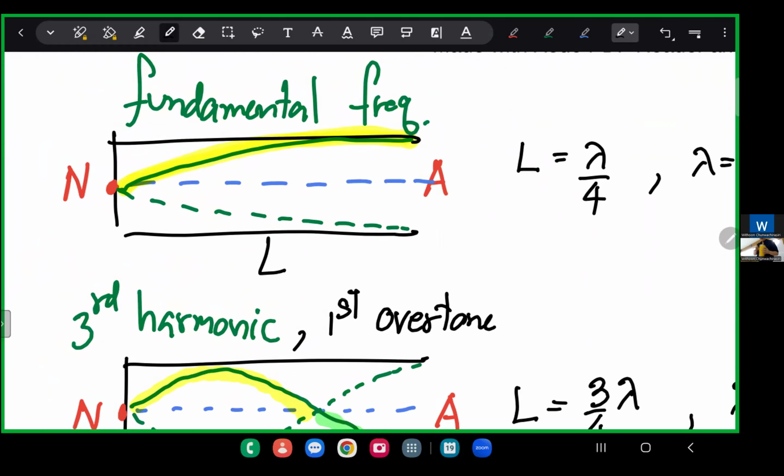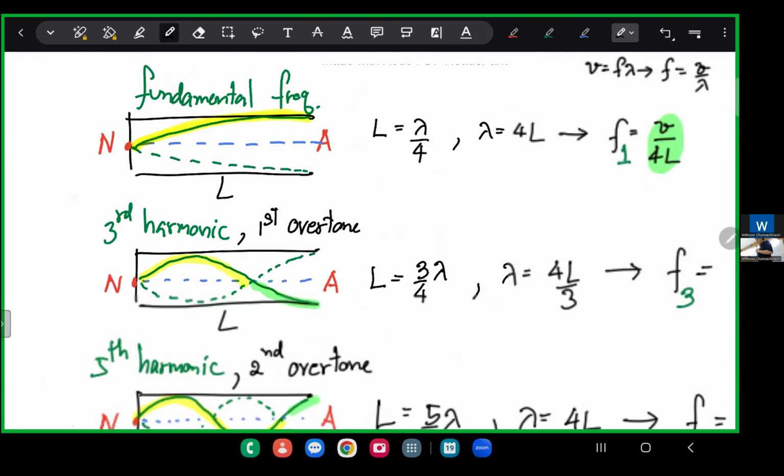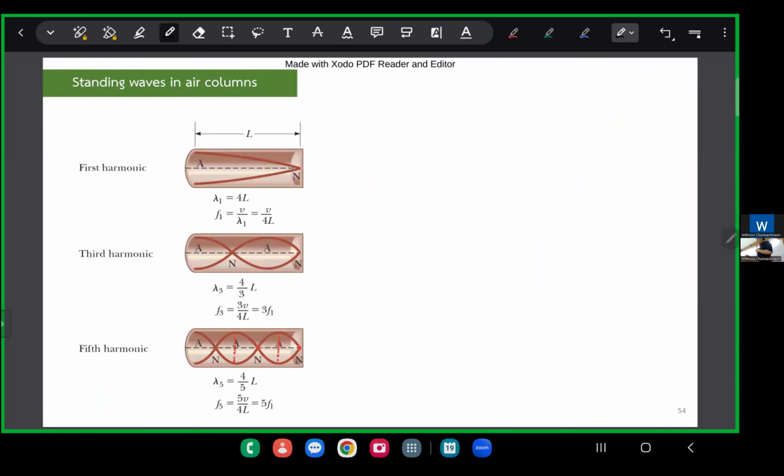Something like that. Okay, and that is kind of normal for any wind instrument. It uses something like this at all times. And now you probably will understand from this point on that every time that you hear sound coming out from a bottle of water and you try to fill water into it, you hear that it starts from a low pitch sound, and then you go, that's higher pitch.